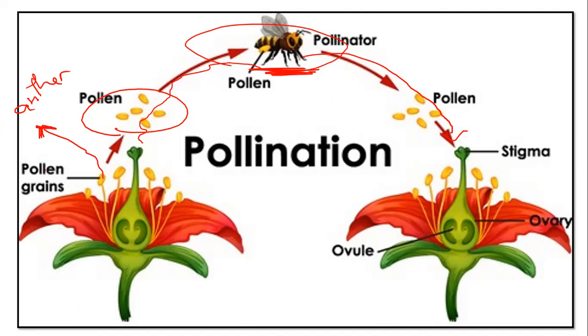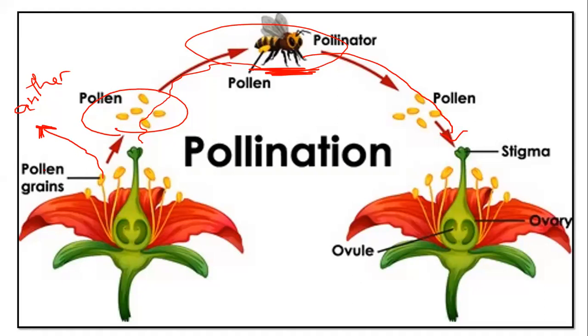Are you listening, grade 4? Yes. So the pollinator will fly again, going to another flower or the same flower, or from one plant to another plant. In one plant, there are many flowers.